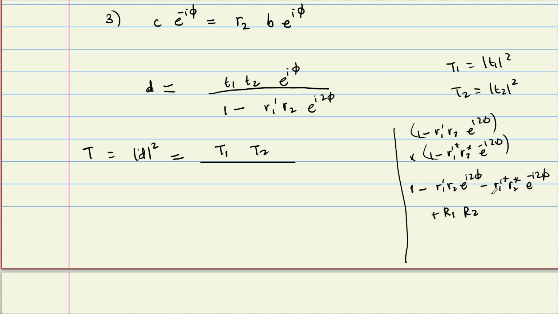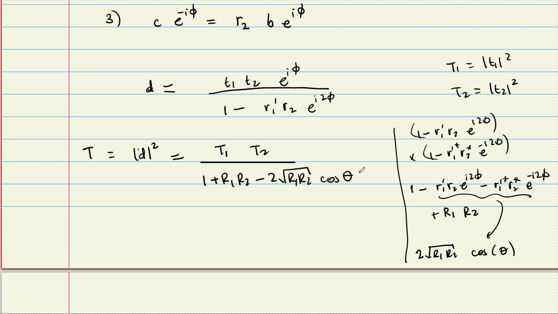But this term I'm going to write as R1 R2 cosine of some phase, and this total phase is the phase of this entire complex number. So this is going to be 1 plus R1 R2 minus 2 R1 R2 cosine theta.